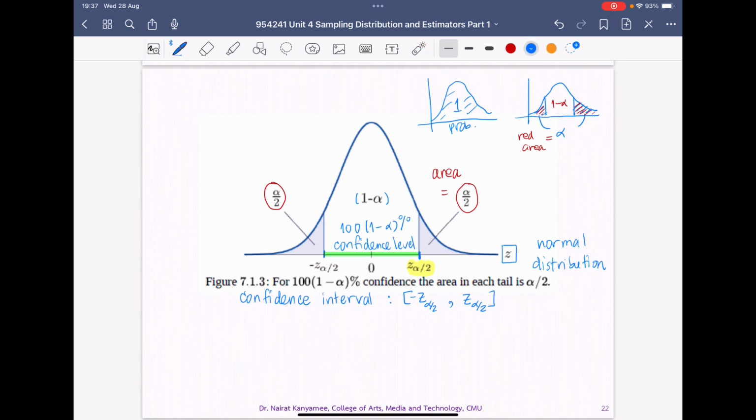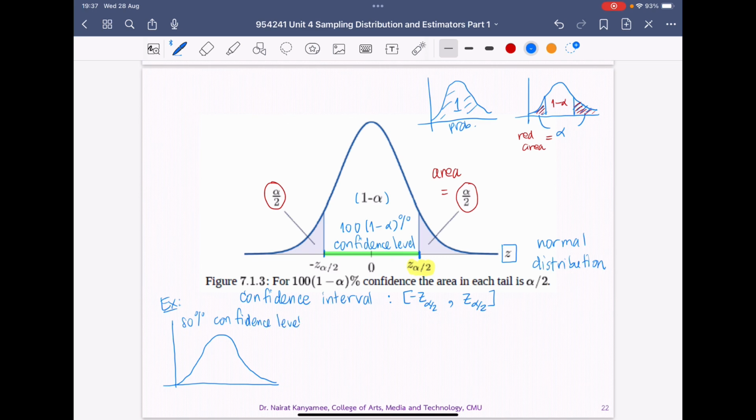For example, if we say 80% confidence level, this means the middle piece is going to be 0.8.